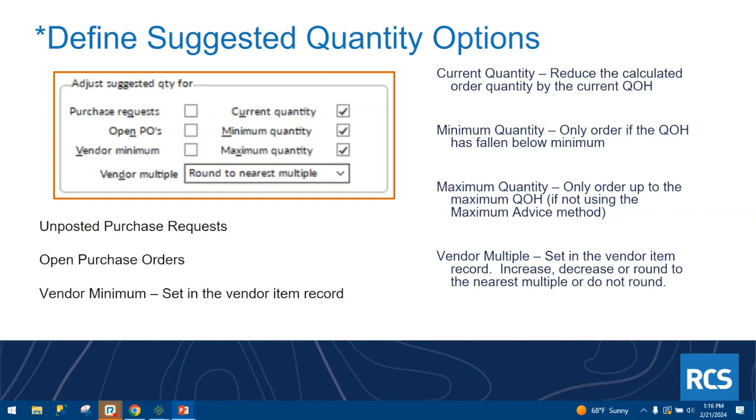So in that case, let's say we sold the 100, but the maximum quantity for the item is only 80. Well, then we would only want it to calculate up to the 80 if we had that maximum quantity box checked. And then down at the bottom, the vendor multiple. Do we want it to go ahead and round to whatever our vendor order multiple is on the advice report?